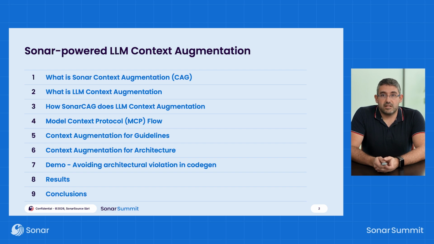And the details, so the type of context augmentation that we do, in particular context augmentation for guidelines and for architecture. We're going to see the tool in action, so how Sonar context augmentation can avoid architectural violation, some results from our internal benchmarking, and then we'll draw conclusions.